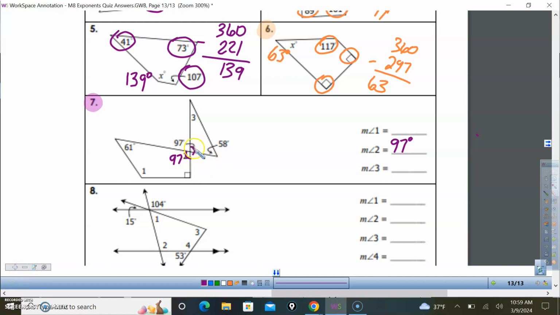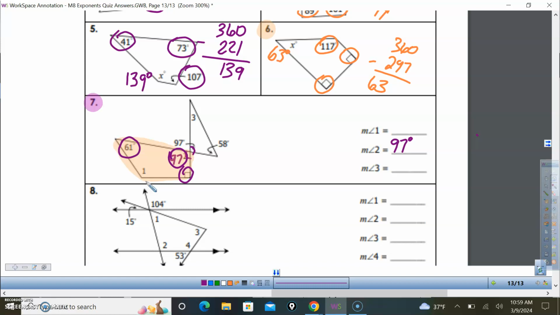So now that I know that, I am going to specifically focus in on this quadrilateral down here. And notice I emphasized the prefix quad because this is a 1, 2, 3, 4. It's got 4 angles. So since it has 4 angles, I know mentally this adds up to 360 degrees.